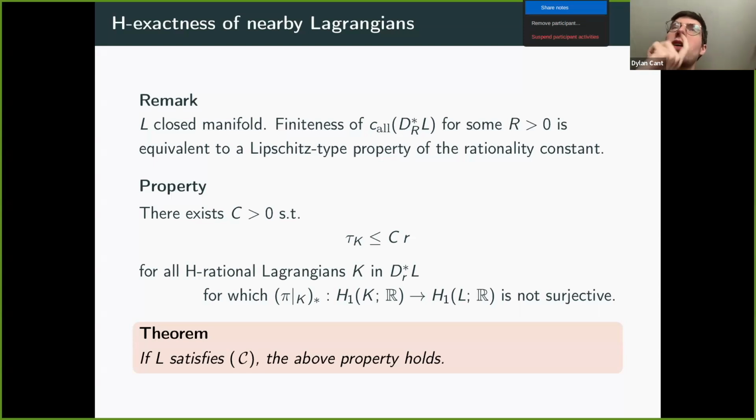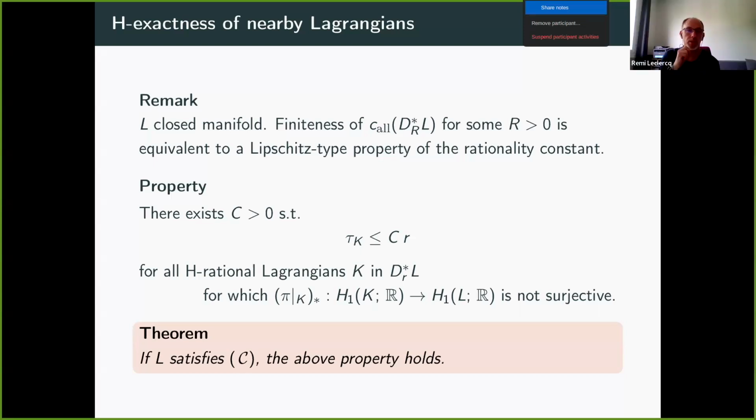What about this? If I take a circle in the cotangent bundle, slightly shifted up from the 0 section. So you're in T star S1? Yeah, T star S1. I take a circle and slightly shift it up off the 0 section. Now it seems like it's H exact, but it's not exact.